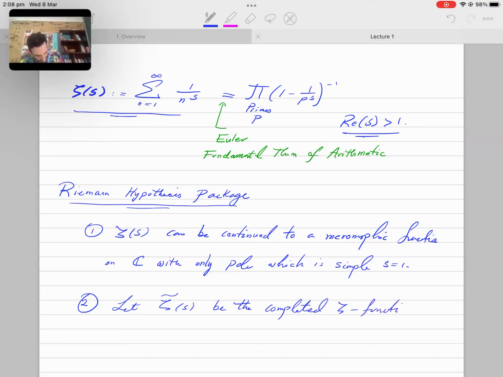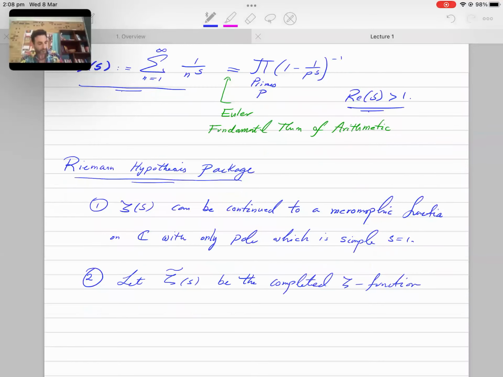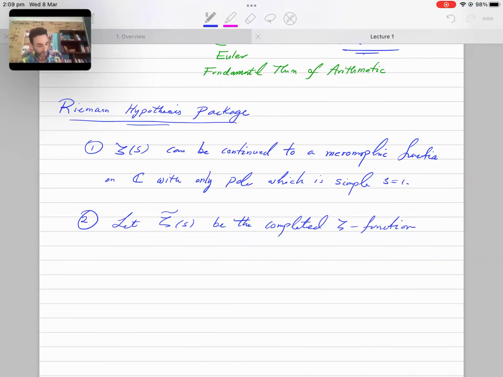In Riemann's notation, this was the Riemann xi function. This is, by definition, the zeta function times some fudge factor involving what are known as gamma functions. And we'll talk more about these next time.